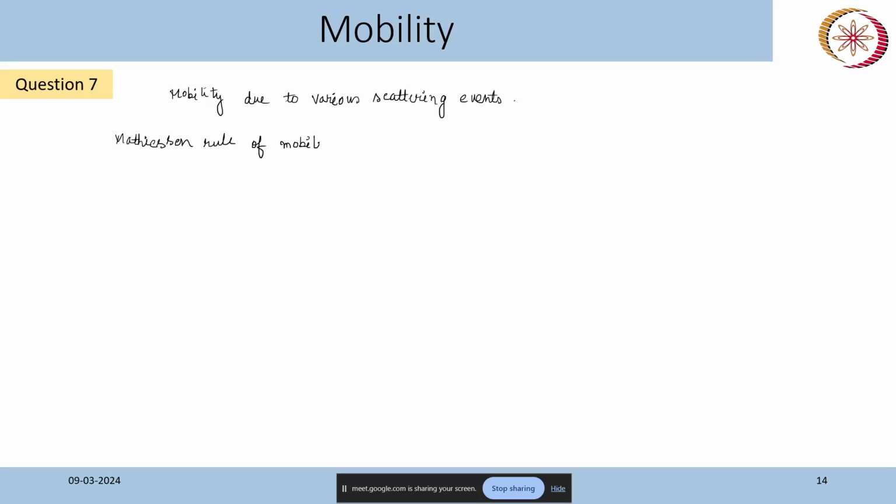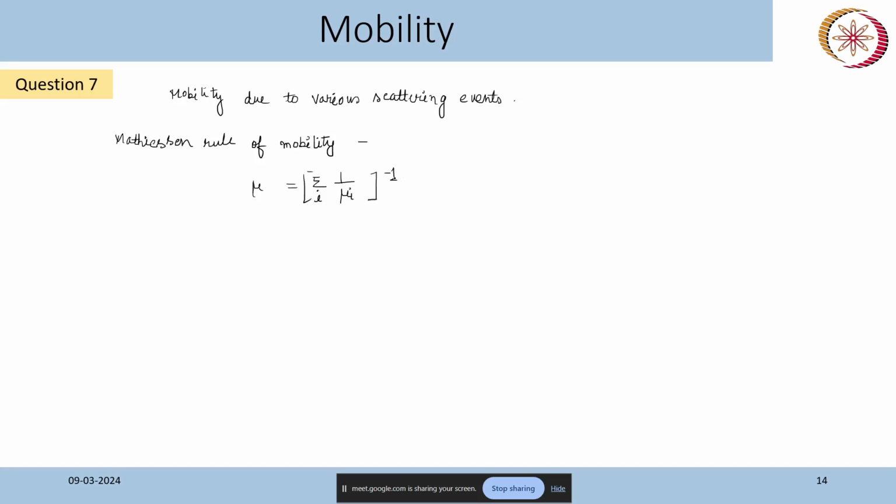According to Matthiessen's rule, the total overall mobility is given by the inverse of the summation of 1 by mu i for the ith scattering mechanism.